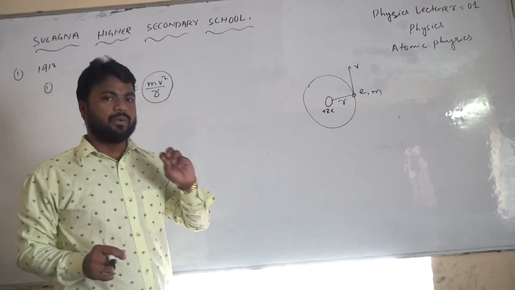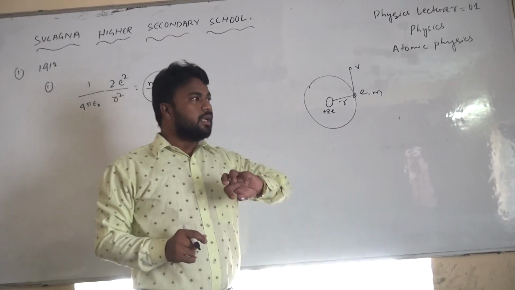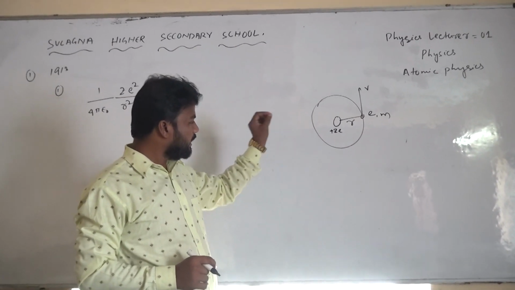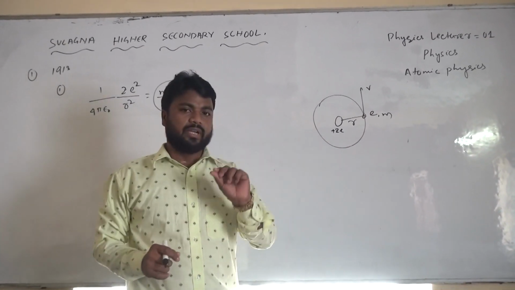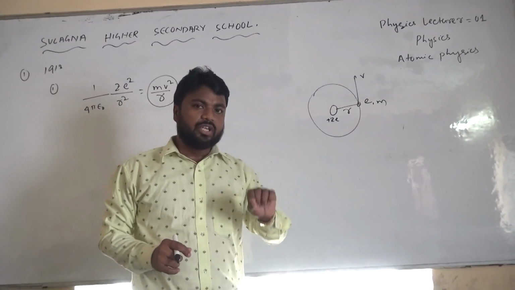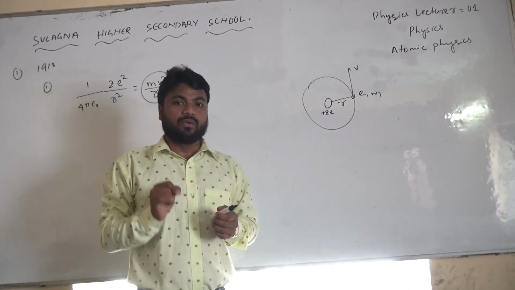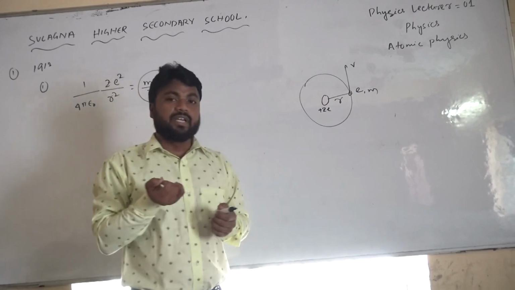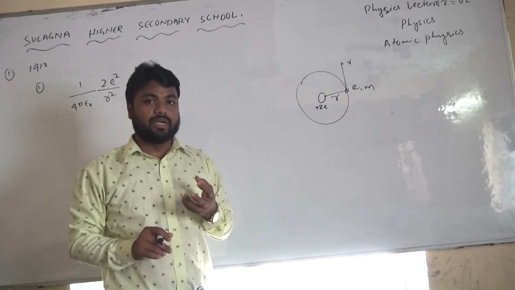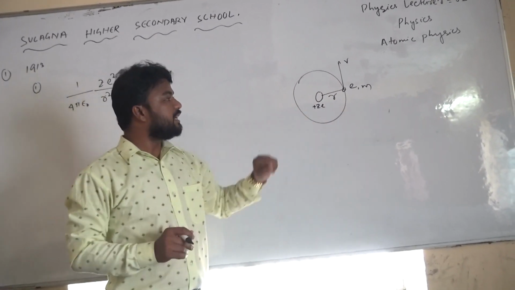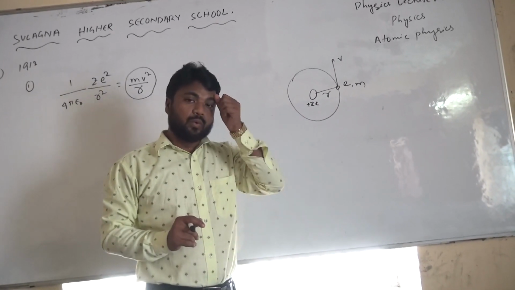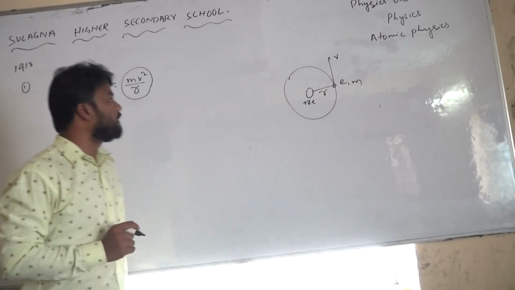We know that whenever an electron revolves around a nucleus, or any particle continues its circular motion, a constant force and a constant acceleration are necessary to continue its circular motion.